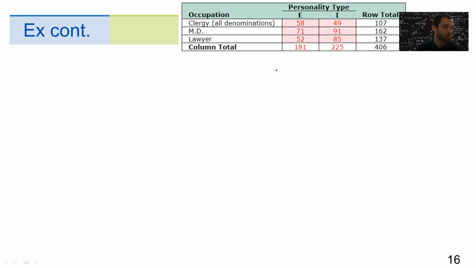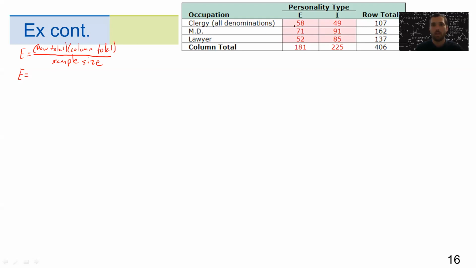I'm going to make a table here, but first of all, I'm going to compute E. Now remember, E, and I'll put the little formula up here, is your row total times your column total divided by your sample size. So I need to do that for each one of these 6 cells.